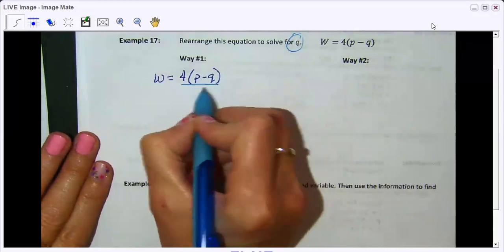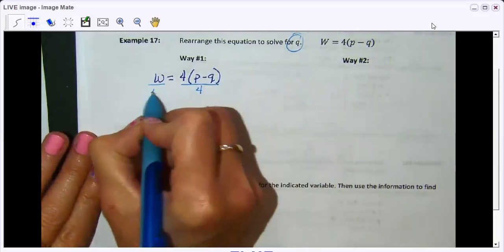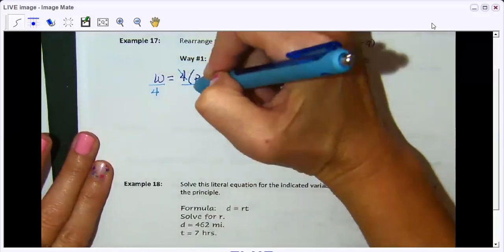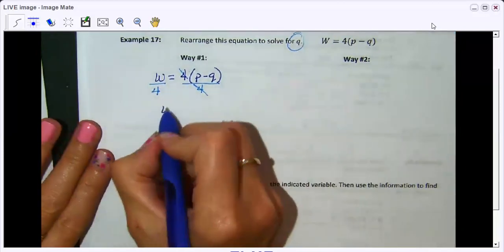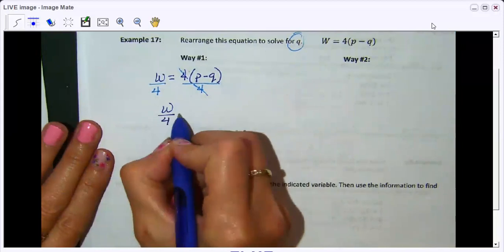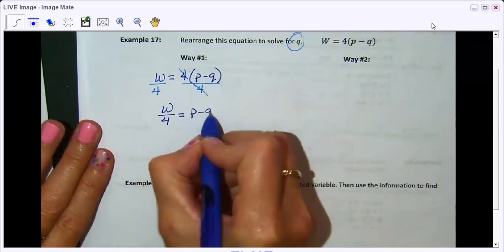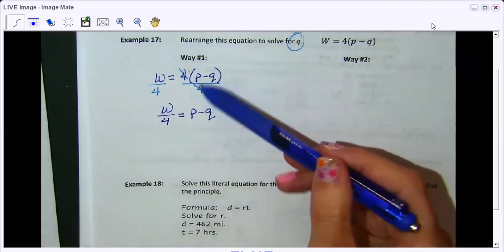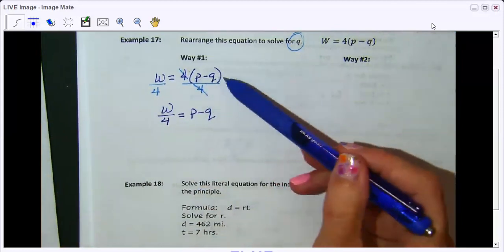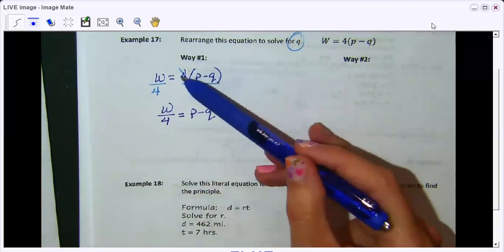So we could divide both sides by 4. So we get rid of the 4 here. And we are left with W over 4 equals P minus Q. Make sure that when you divide this right side by 4, that you're not doing anything with the P minus Q. Remember, the parentheses and the 4 are 2 different terms.